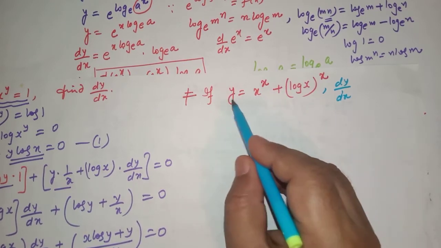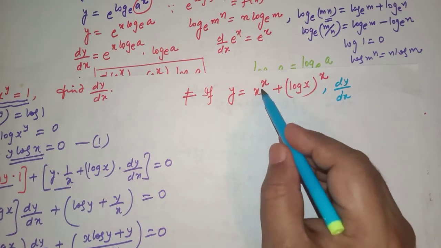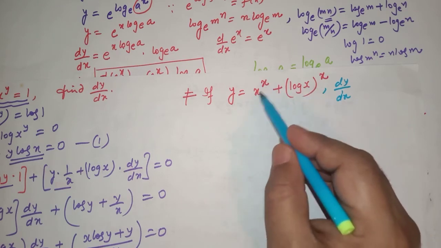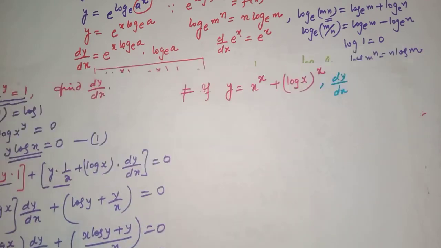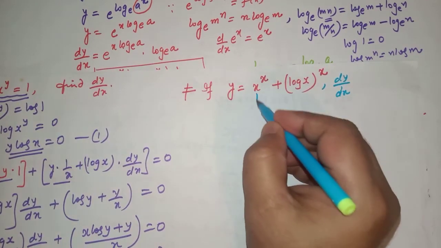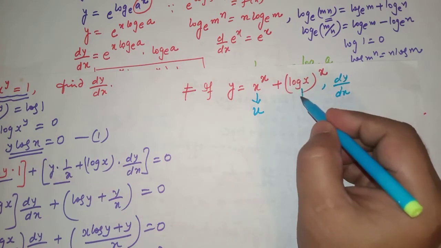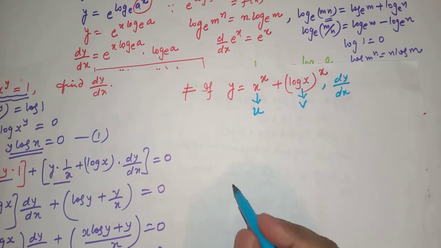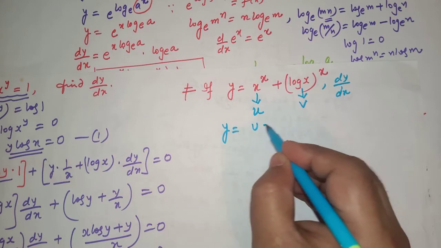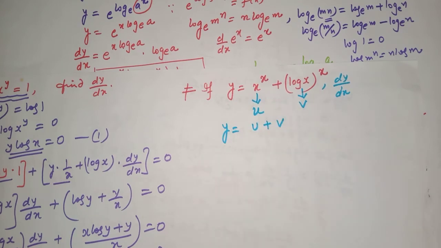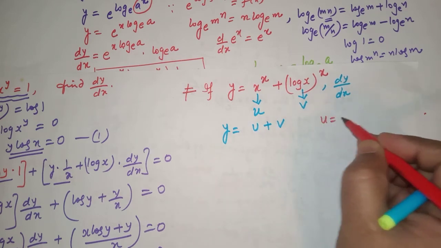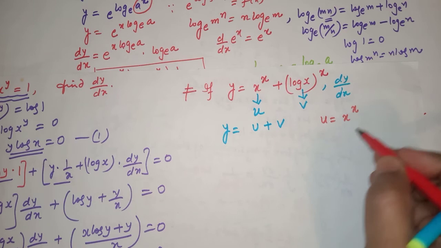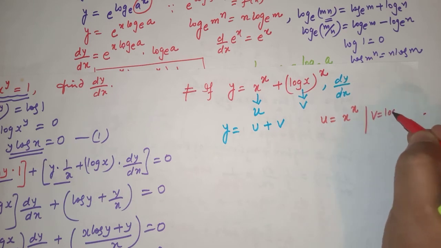Instead, if we have a function which is a combination of 2 or 3 functions in this form, then we will assume this function as, say, first function u, and this function as v. So we'll write y as u plus v, clear. I think it is clear to you. We'll write u as x raised to x and v as log x raised to x, clear.